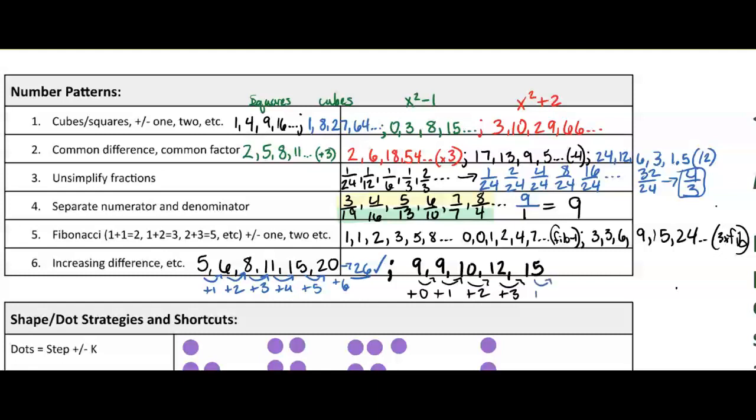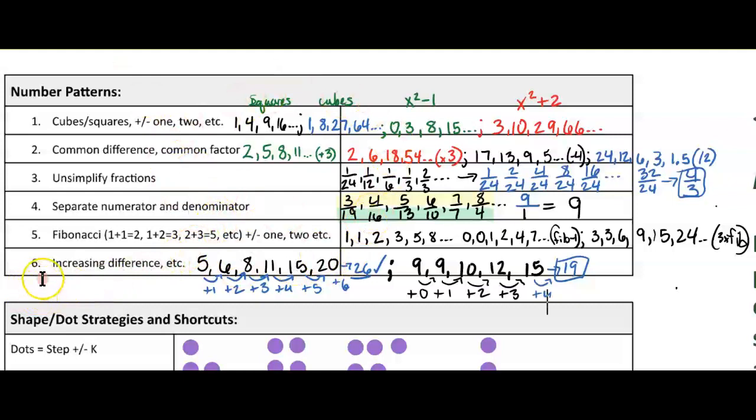And then we could see that this would end up being plus 4 for 19. Okay, so on and so forth. So just note that sometimes the first difference, you could also have a decreasing difference, but that's less common. So those are our number patterns.